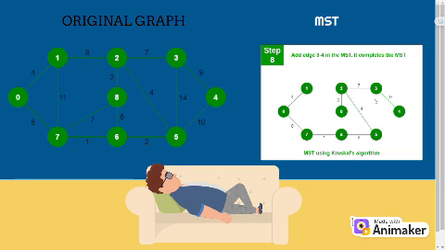The find and union operations can take at most order of log V time. So the overall complexity is order of E log E plus E log V time. The value of E can be at most order of V squared, so order of log V and order of log E are the same. Therefore, the overall time complexity is order of E log E, or order of E log V.